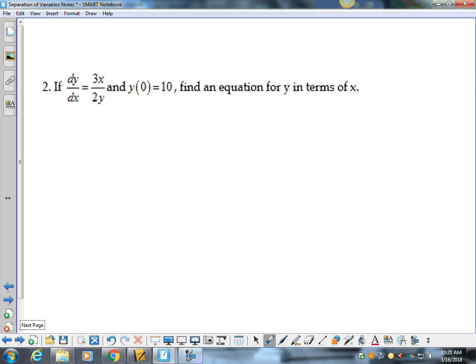Okay, number dos. Okay, ready? I'm going to multiply by 2y and multiply by dx. So I'm going to get 2y dy equals 3x dx.